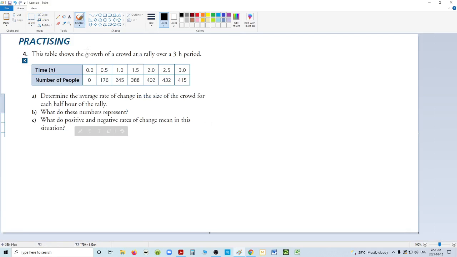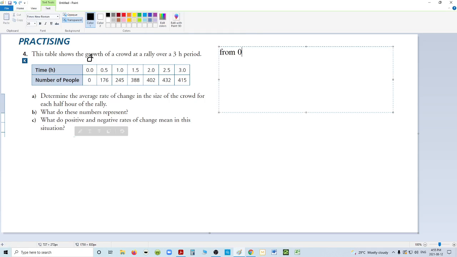So let's take it between these two. What's the delta x between those two? Half an hour, or 0.5 hours. What's the delta y? 176 minus 0. Okay, so let's do that formally. From 0 to 0.5, in this case it's called time in hours. The delta t, because it's time, is 0.5.